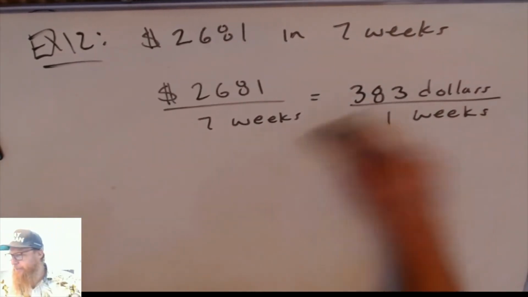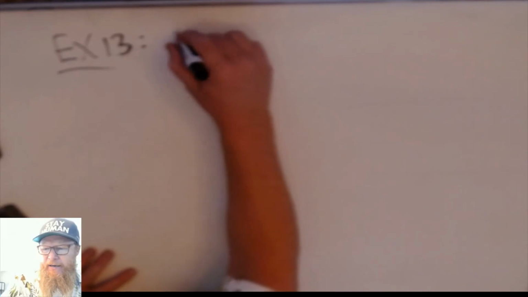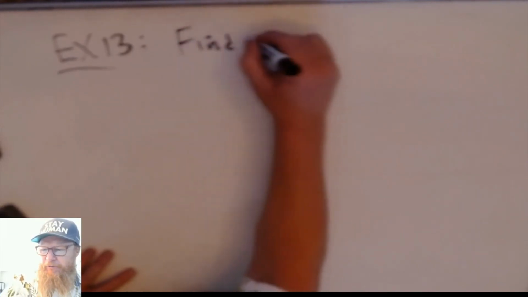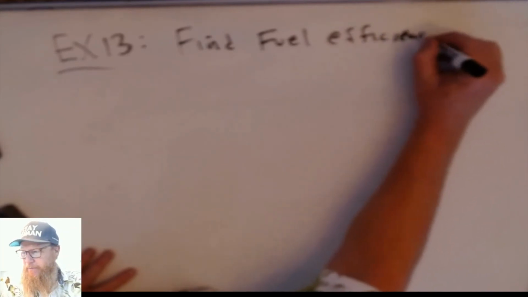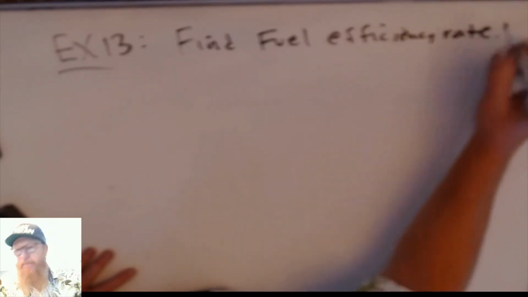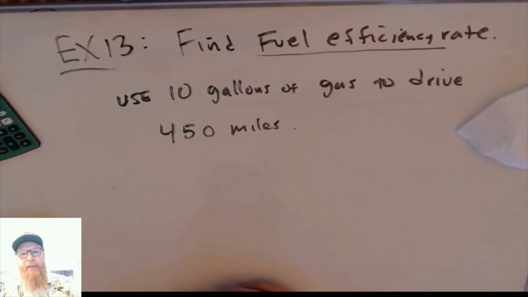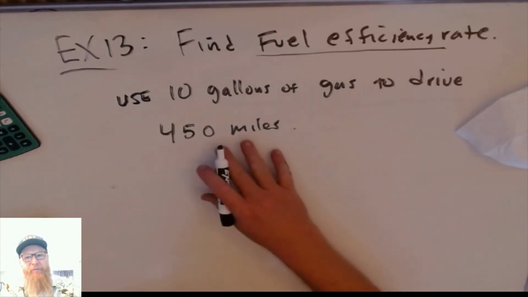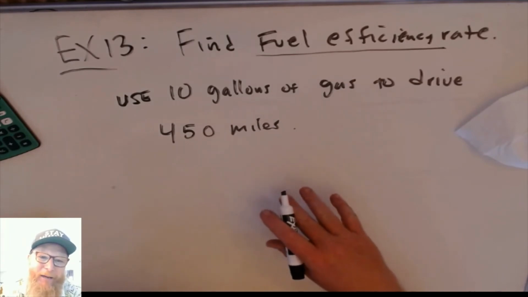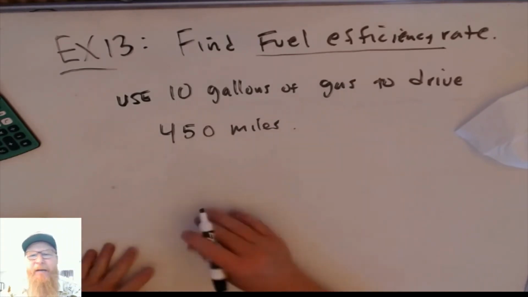Okay. What's another type of rate that we see a lot in life? I like to use real-world rates that you might see. The fuel efficiency rate. Okay. So if I use 10 gallons of gas to drive 450 miles, you probably do this with mental math, right? It's 45, right? But I'm going to show the whole thing.